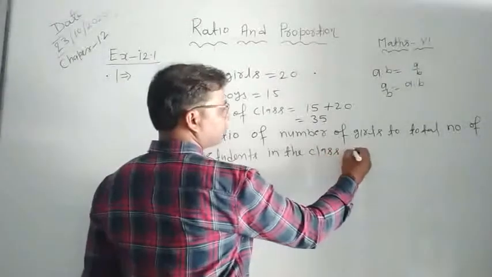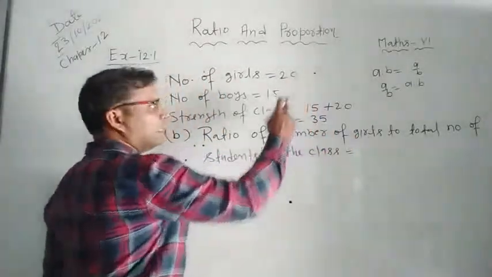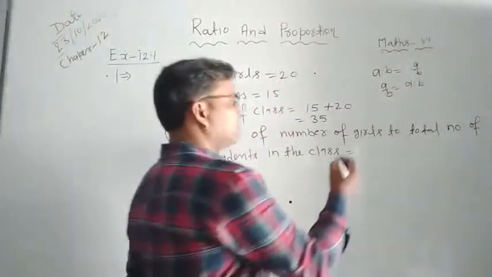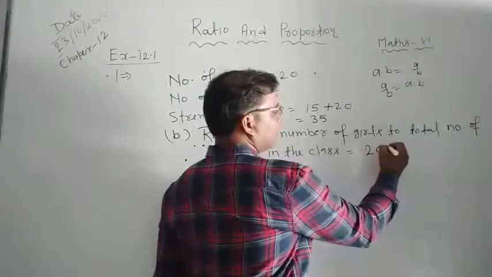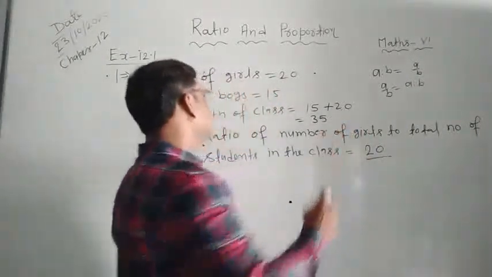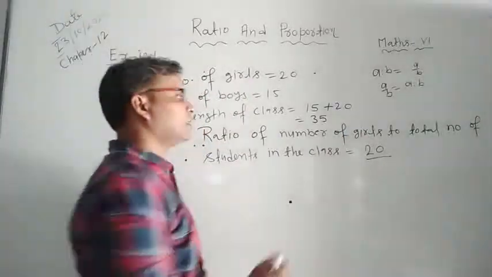This is equal to the number of girls, which is 20, and this is given. Number of girls 20, this is given. You can write this by the total number of students. The total strength of class is 35.